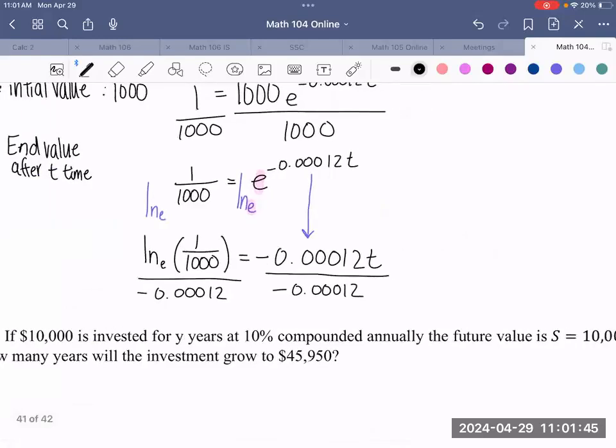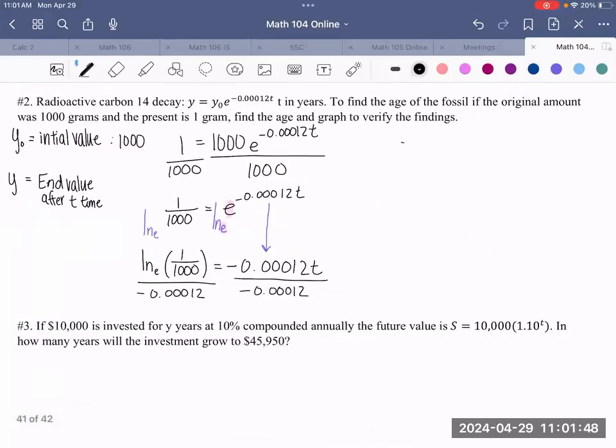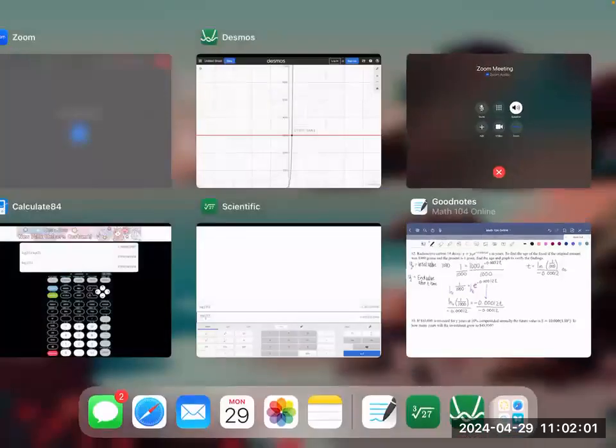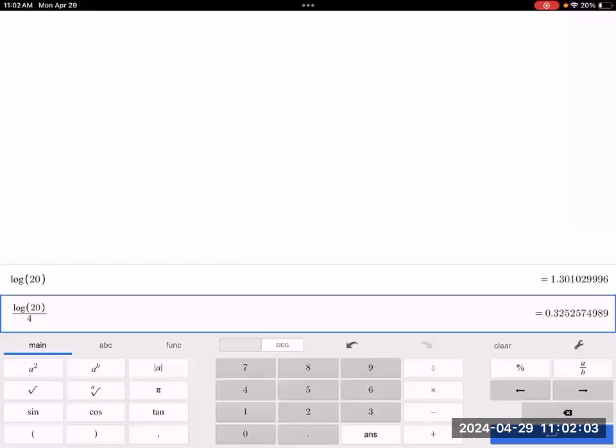So your exact solution is ln of 1 over 1,000 all over negative 0.00012. That's your exact. Your approximated value, let's go ahead and punch that in.